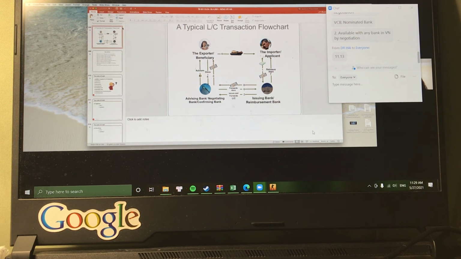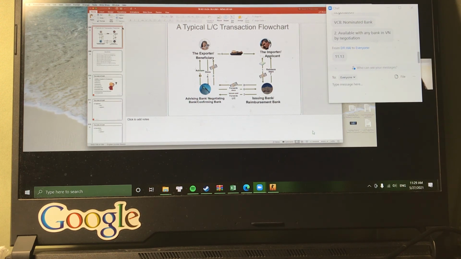Okay, number 7. Can you go on with step number 7? After receiving the documents, the issuing bank will examine the documents, and after that, they will release the documents to the importer to receive the goods. Yes.